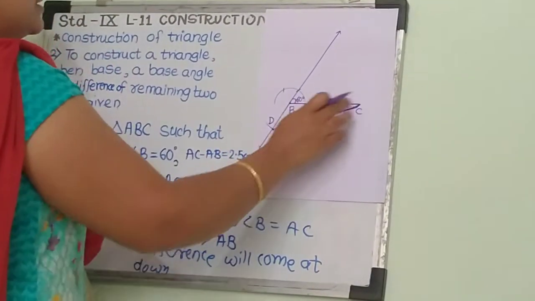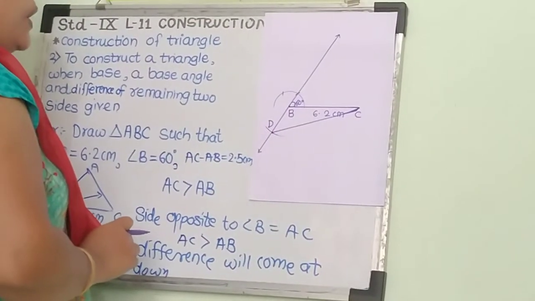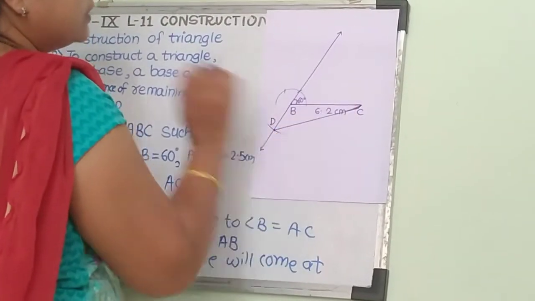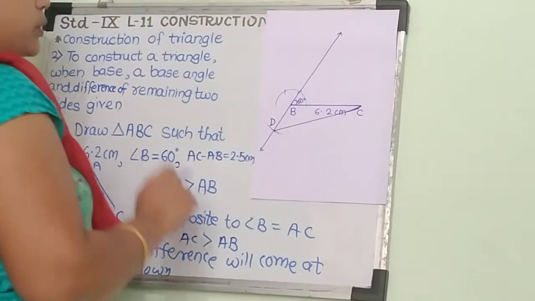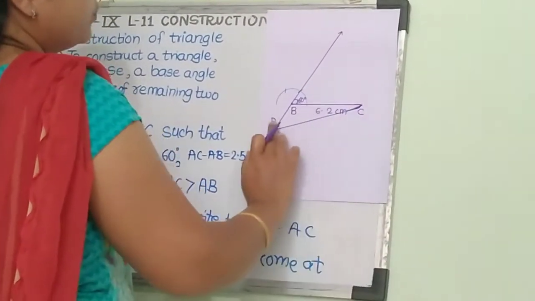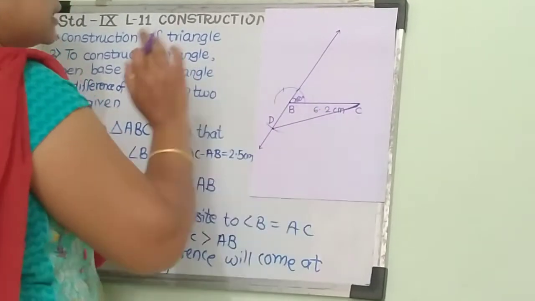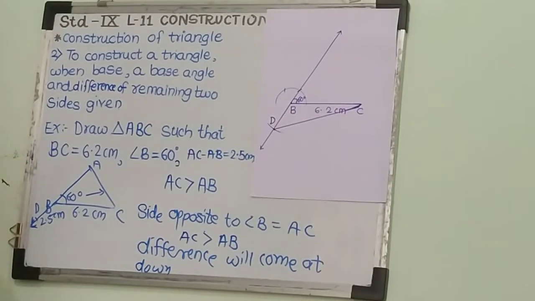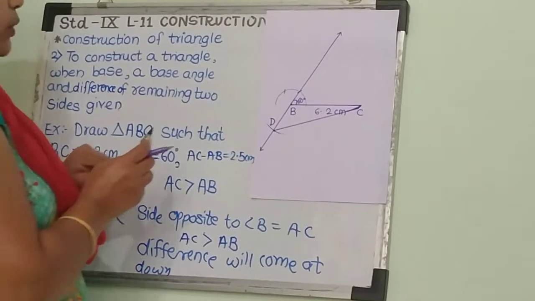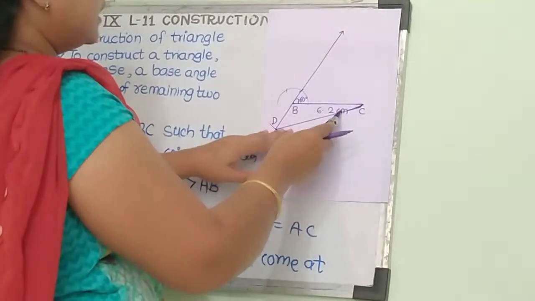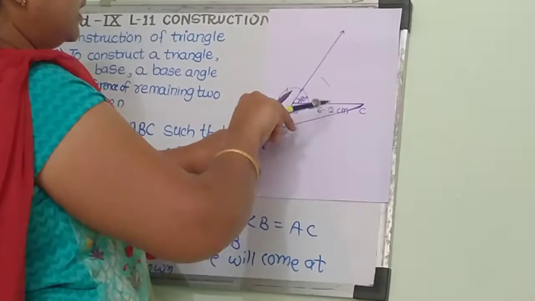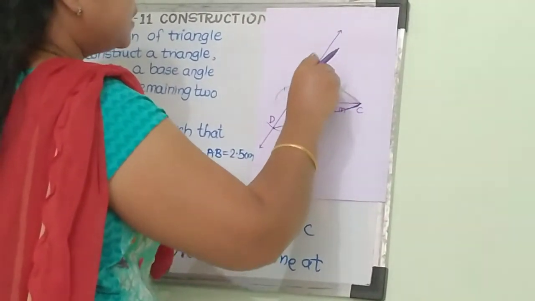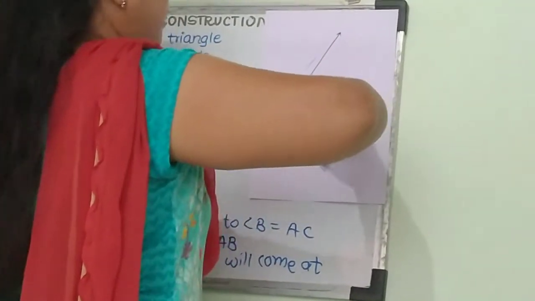Once we join the DC, we have to draw the perpendicular bisector of DC. It means we have to divide the DC into equal parts. So for that we are going to take more than half distance in our compass and mark the arc up and down. So first we draw upside and then we draw the downside.